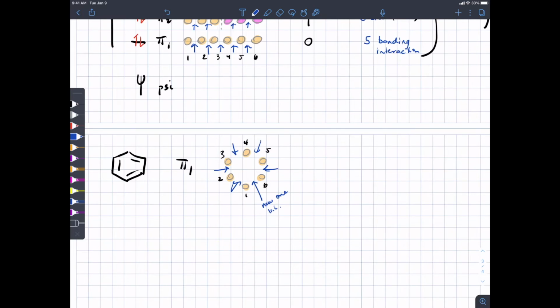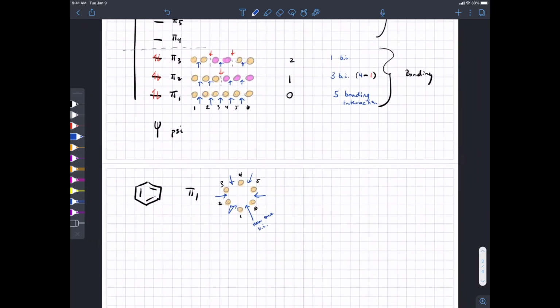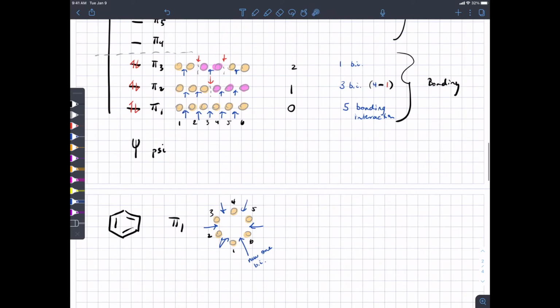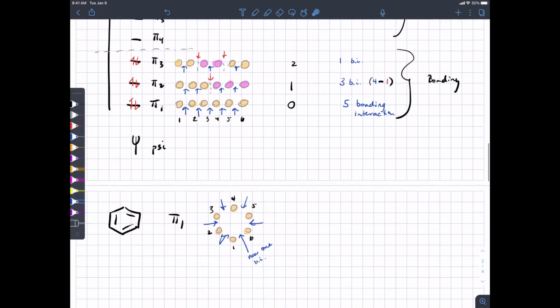So when we tell you that aromaticity is a special stability, what that comes from is combining conjugation with cyclicness, because you get a bonus interaction. So that's one way that aromatic molecules are more stable than their linear conjugated precursors. This pi 1 for benzene is going to be lower in energy than pi 1 for the linear combination.